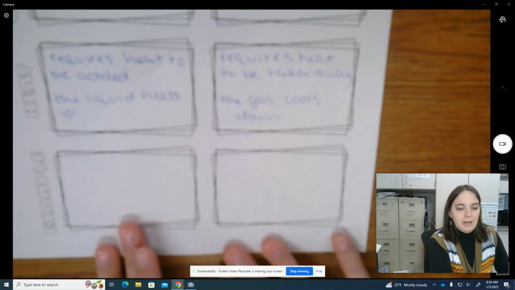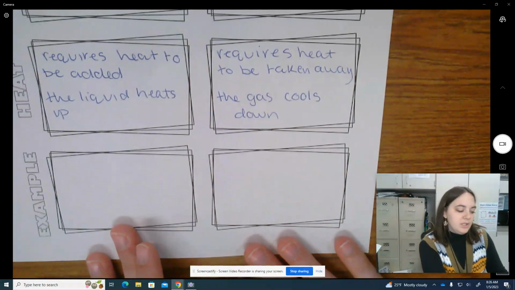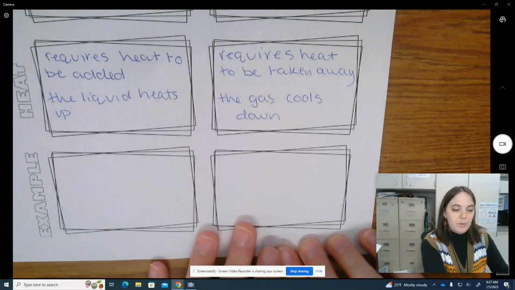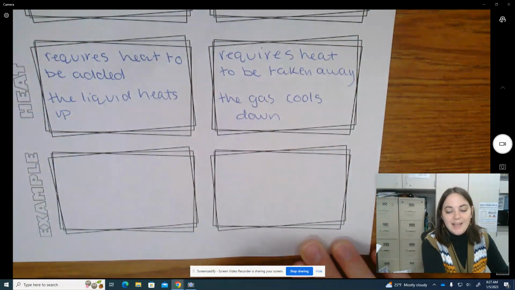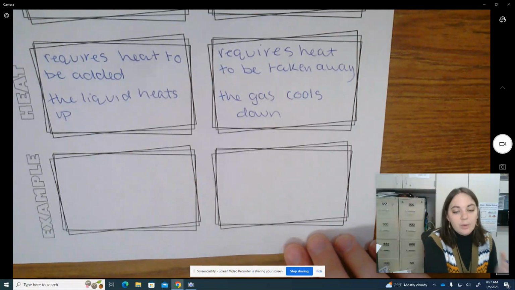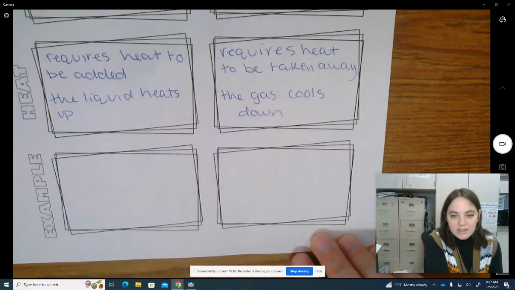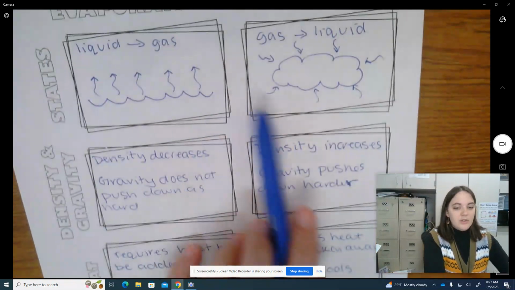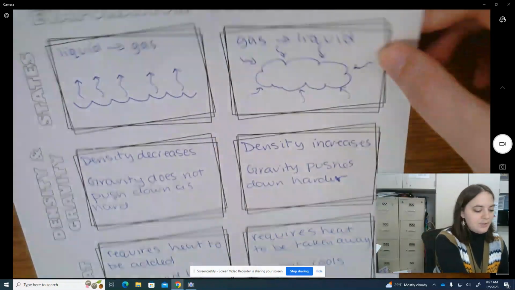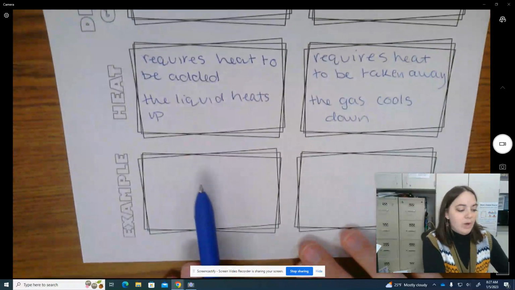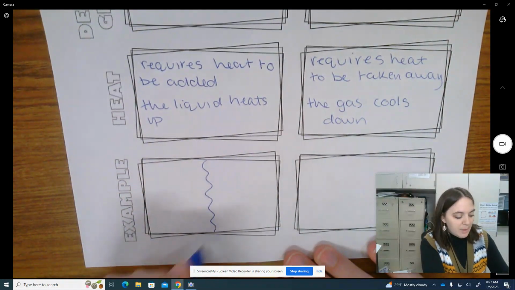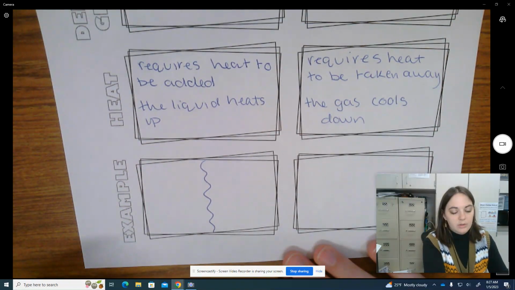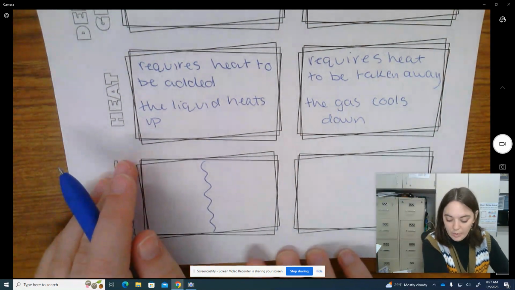Now, for the example boxes, I want you to come up with one example for each evaporation and condensation in nature, which means somewhere in the water cycle. When does evaporation happen? And when does condensation happen? And you can use all this information to help you think of some examples. I'm going to give you one example for evaporation, but you're going to have to come up with your own for condensation as well.